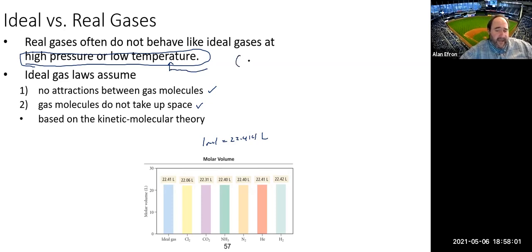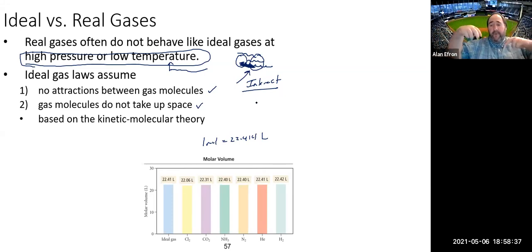At low temperatures, our gas molecules are definitely going to be moving slower, right? Which means if we have a couple of gas molecules near each other, this gas molecule is going to take longer to move past this gas molecule because they're both moving a lot slower. That means they're going to be in contact for a longer period of time, and so they are also going to interact with each other for a longer period of time because they're just moving across each other slower.